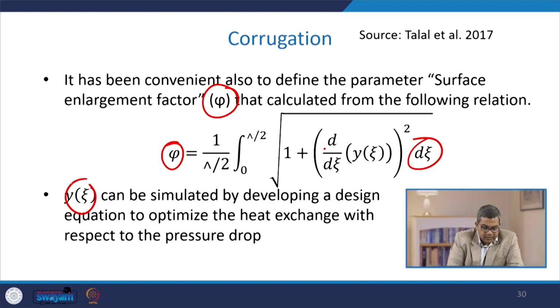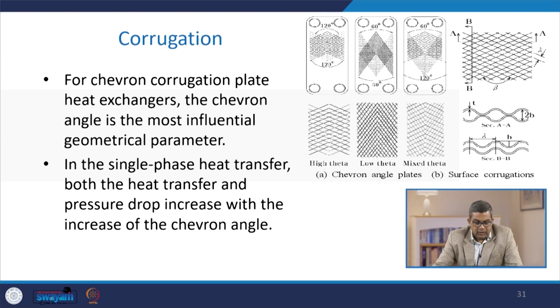This y psi can be simulated by developing a design equation to optimize the heat exchange with respect to pressure drop. For a Chevron corrugation plate heat exchanger, the Chevron angle is the most influential geometric parameter.